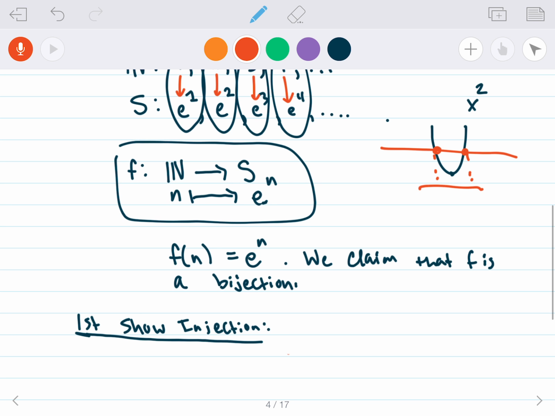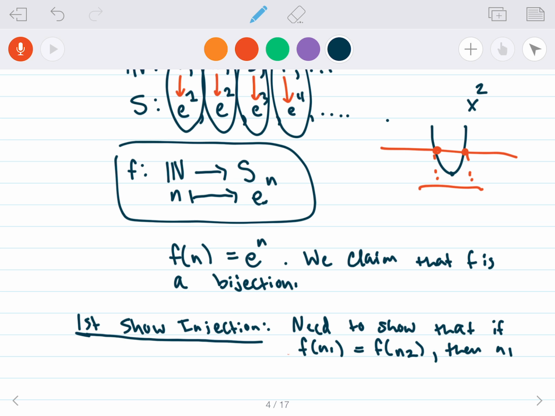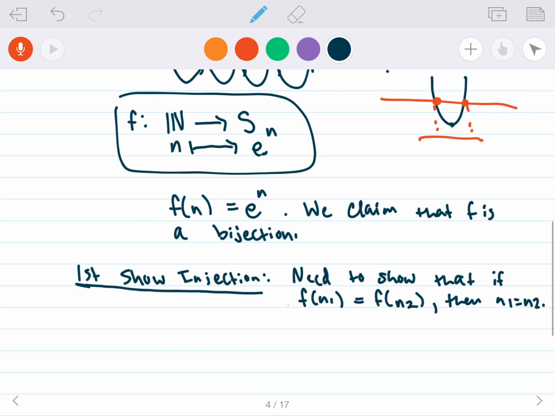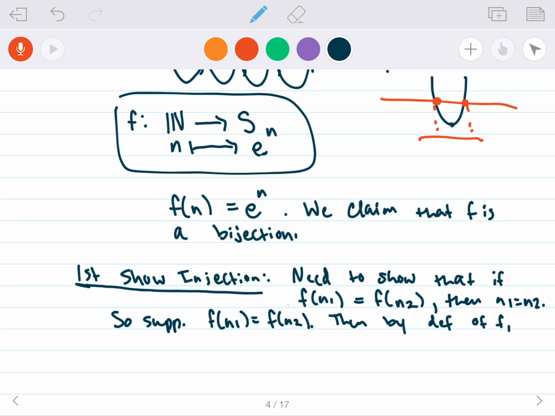All right, so for the first, we're going to show injective. Need to show that if f of n1 equals f of n2, then n1 had better equal n2. Okay? So suppose f of n1 equals f of n2, then by definition of f, we have e to the n1 equals e to the n2.